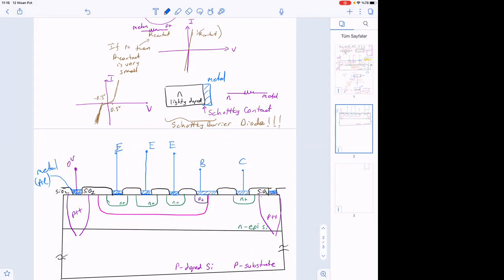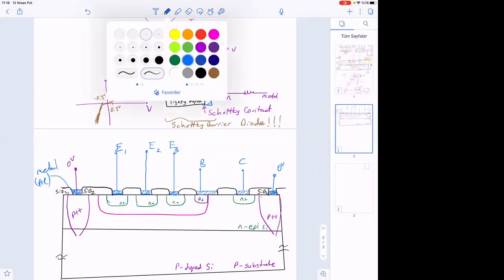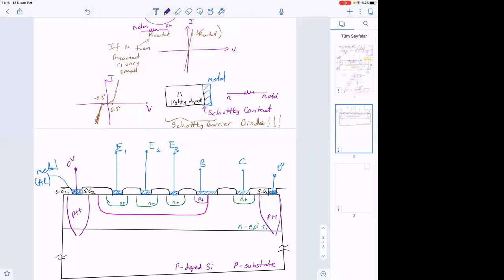And this region, again, will be ground, lowest voltage. So we will call this thing emitter 1, emitter 2, and emitter 3. So we can obtain a multi-emitter device here. Multi-emitter device. This region is N-doped. Sorry, P-doped.